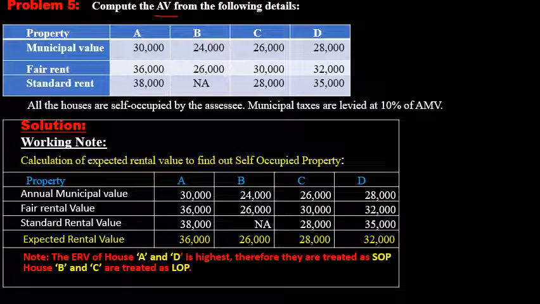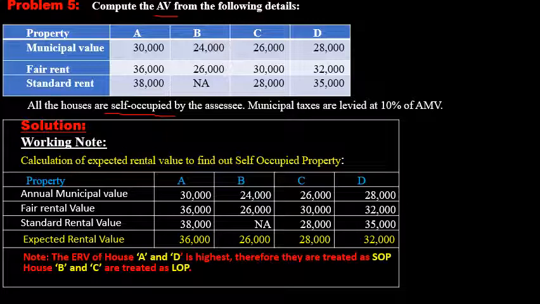Next one, all the houses are self-occupied by the SSC. So as per the Income Tax Act, the SSC can use only two houses for self-residence. If the SSC utilizes more than two houses for self-residential purpose, then the expected rental value of all the houses is to be calculated. The houses which carry the highest expected rental value are considered as self-occupied property and the remaining houses are considered as deemed let out property.